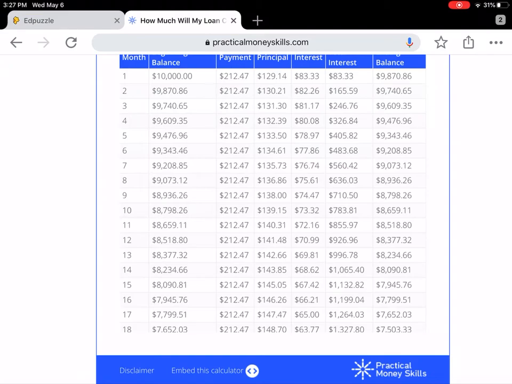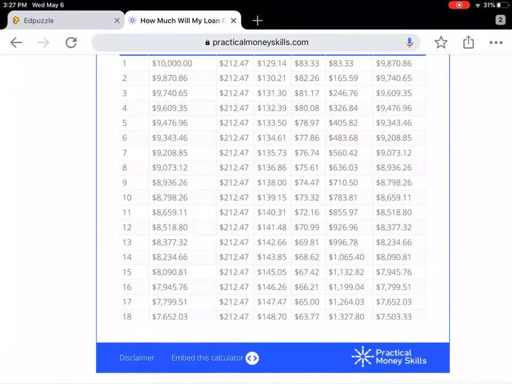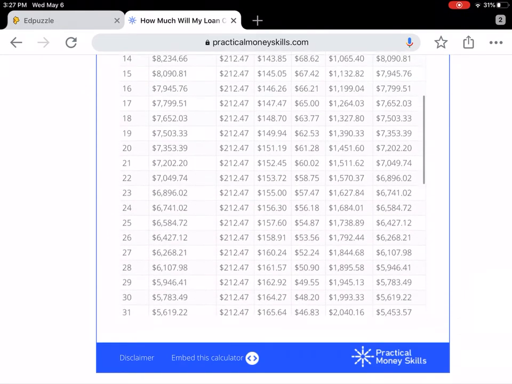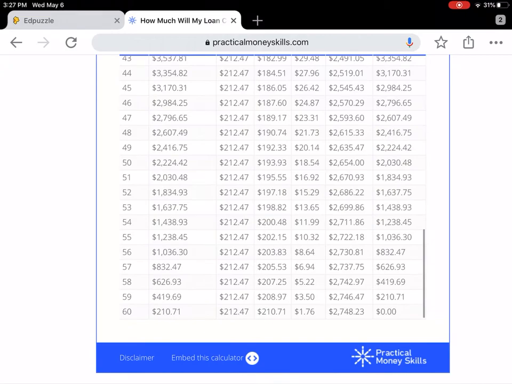At first it happens very slowly, and then it kind of increases. And you can see in the second to last column, the total interest, that is just a running total of every time the interest is added for the month, so that you can see over the life of the loan, $2,748.23 is spent on interest for borrowing the loan.